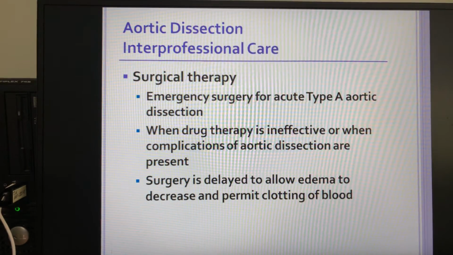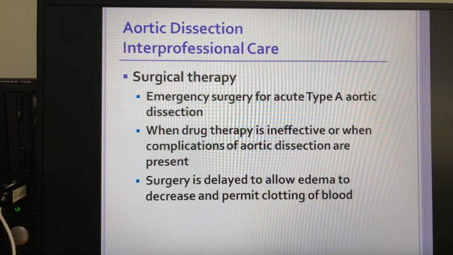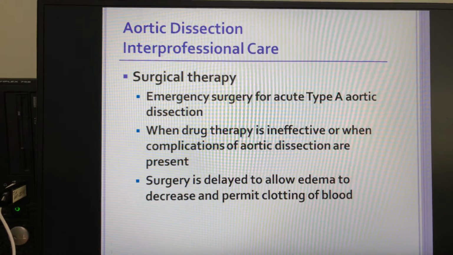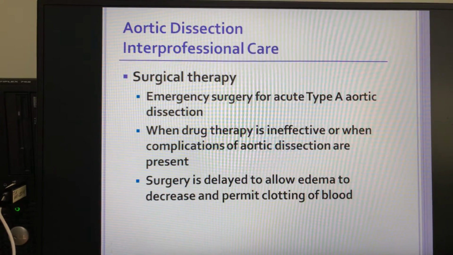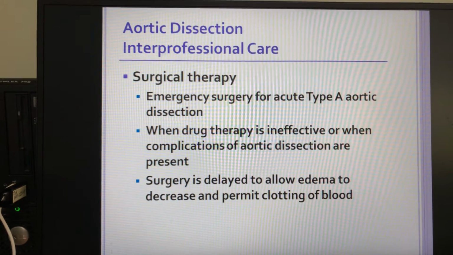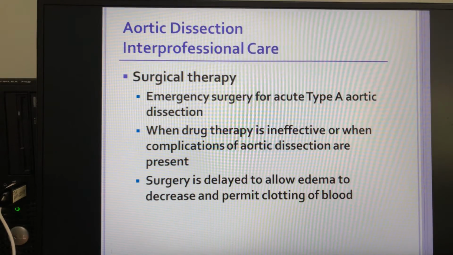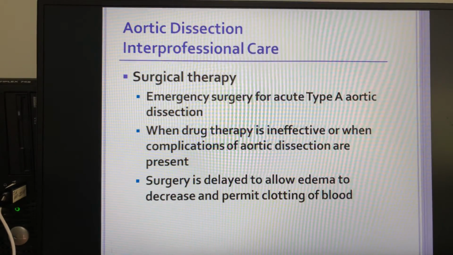So emergency surgery will be required for acute type A aortic dissection, but you got to know the signs and symptoms. They may require surgical repair when drug therapy is ineffective or when complications of aortic dissection are present.